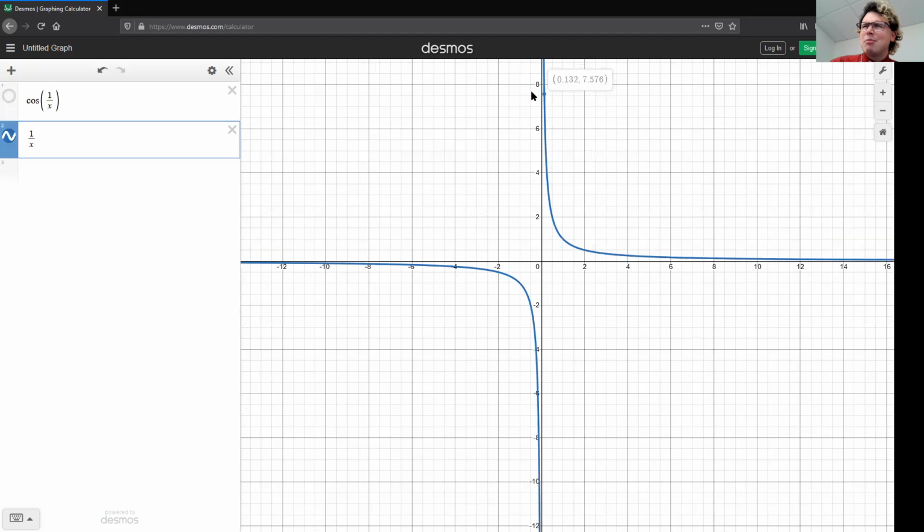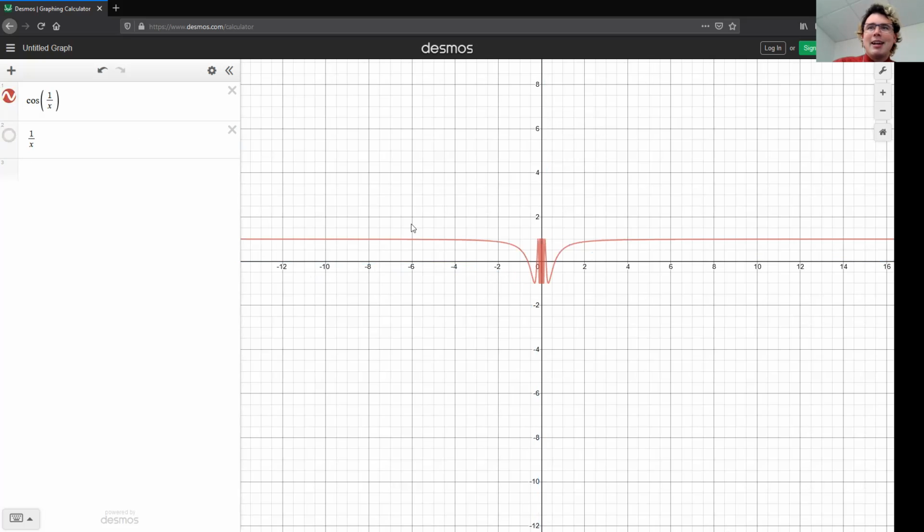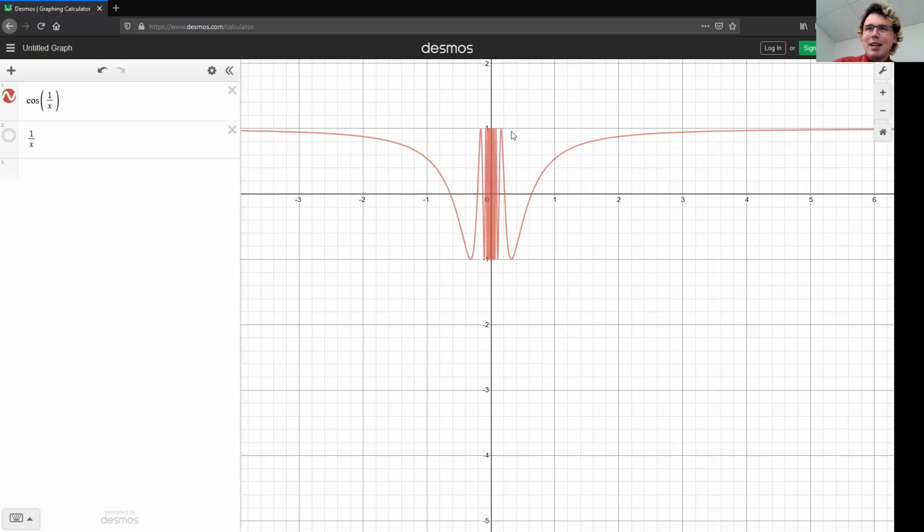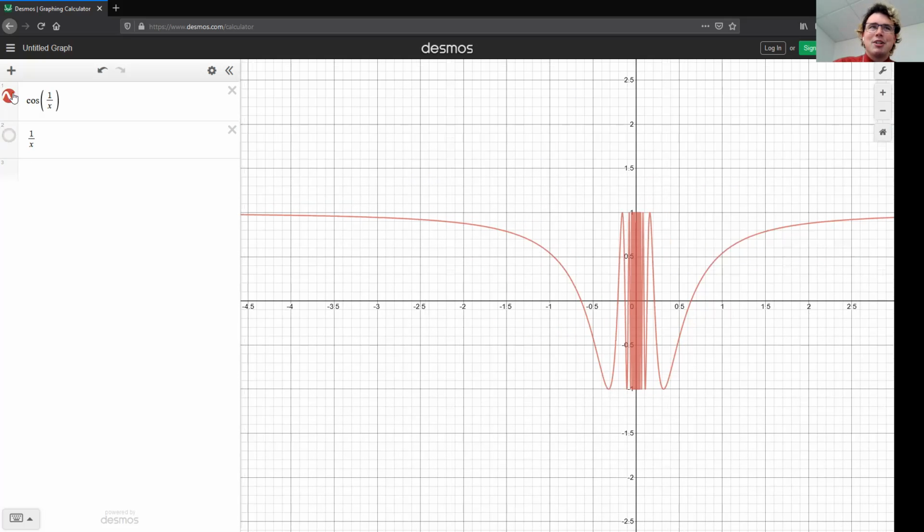Coming in from the left, I'm going to negative infinity, it looks like. From the right, I go to positive infinity. Neither of those are real numbers. So this function is discontinuous at x equals 0. And that is carried into the function cosine of 1 over x.